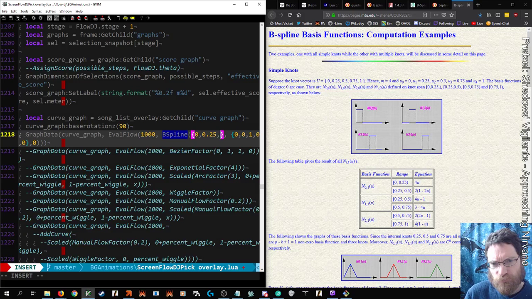So this is actually 5 points for basis functions. 0.75, 1, which means we would need 4 points. For my purposes, it might look something like that. That's 5 points. Which is looking a lot like the Bezier curve.